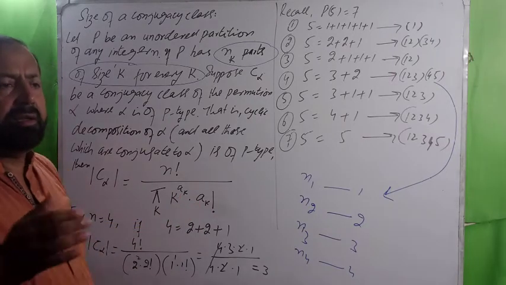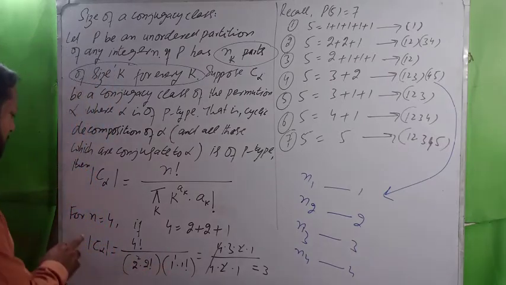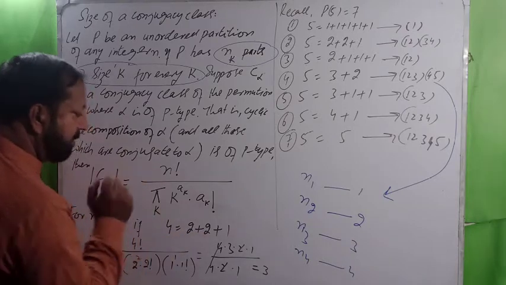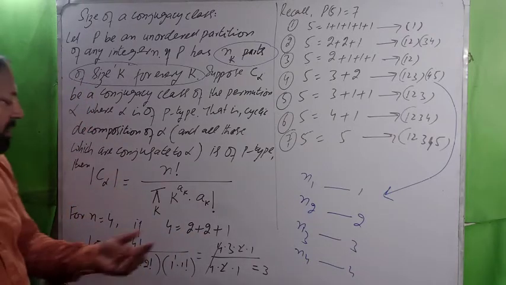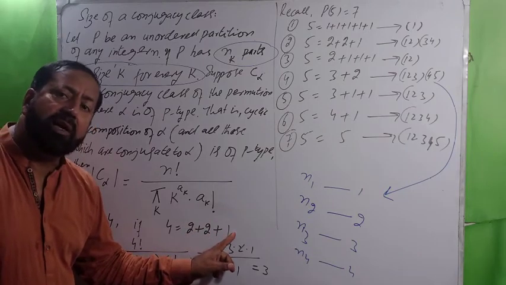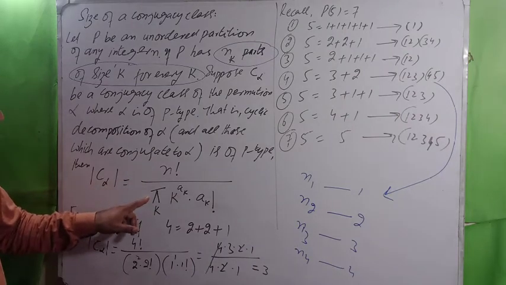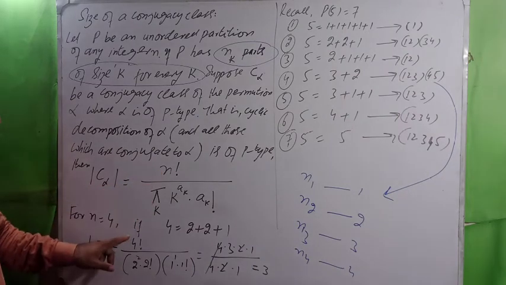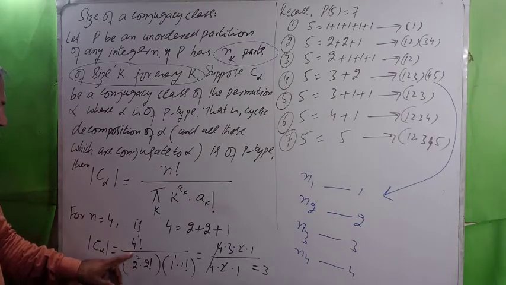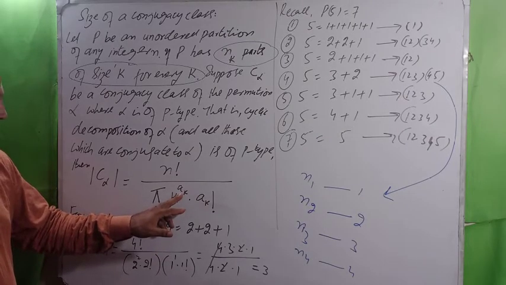Okay, let's elaborate this with the help of an example. Suppose n is equal to 4 and you have 4 is equal to 2 plus 2 plus 1. This means that there are 2 parts of size 2 and 1 part of size 1. Okay, so what is the formula? This is the product n factorial, so 4 factorial, then k power ak.